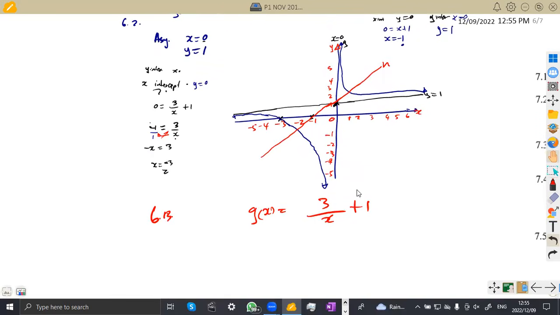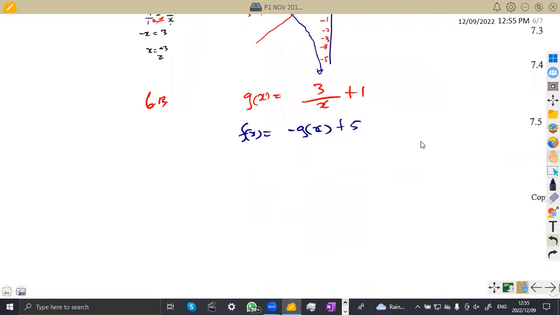So the question is for us to determine the asymptotes for f(x), if f(x) can be written as negative g(x) like this plus 5. We already have g(x), so let's find f(x) first so that we can find the asymptote.